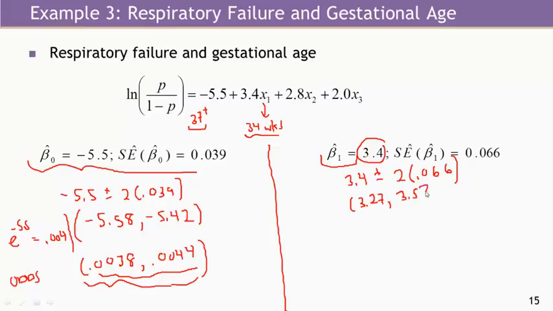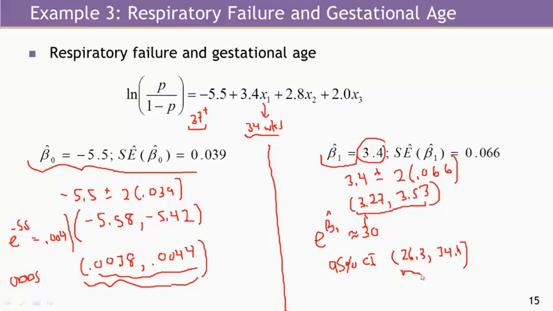Now, the estimated odds ratio we got was approximately 30. If we actually exponentiate the endpoints to get a 95% confidence interval for the odds ratio, the endpoints of our confidence interval for the slope go from 26.3 to 34.1. So it's pretty convincing, even after accounting for the uncertainty in our data, that being premature at 34 weeks is highly associated with respiratory failure as compared to children who are full term. It's a strong risk factor.